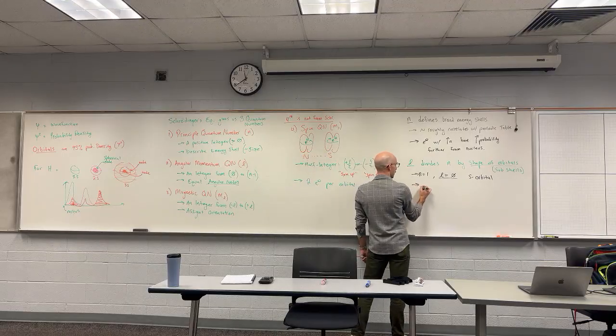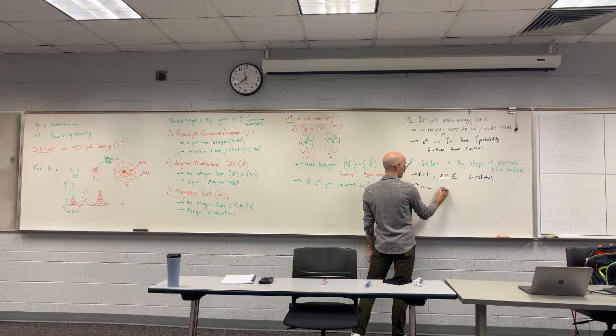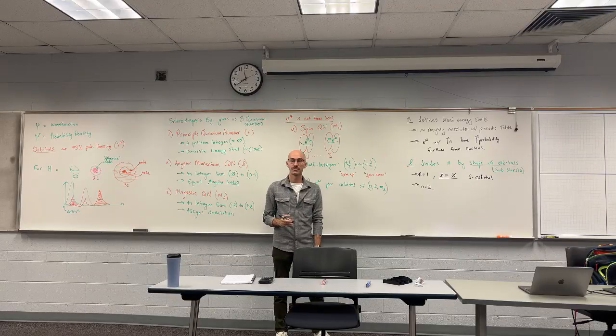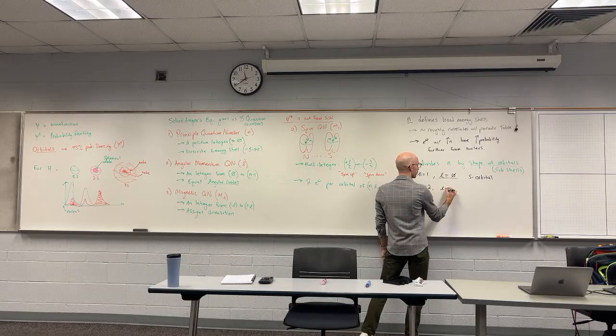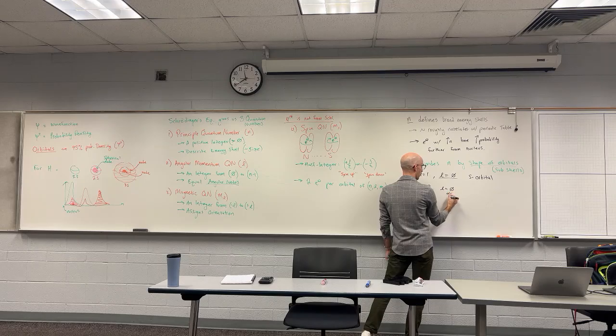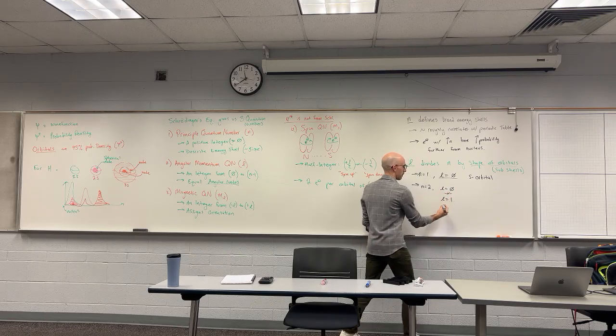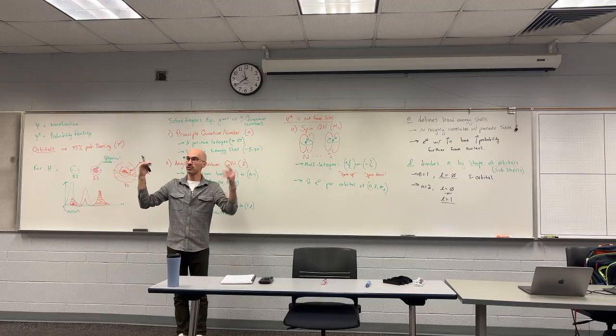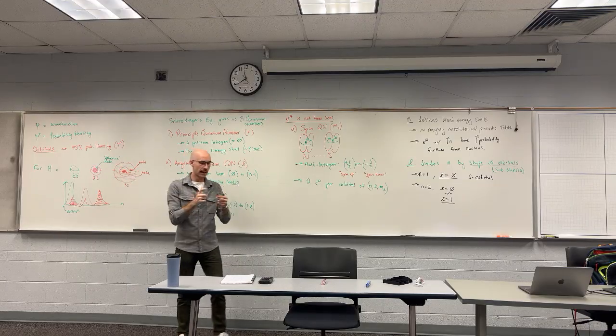Okay, you're right. If N equals 2, what am I allowed? L equals 0 or L equals 1. At the second energy shell, 2 orbitals are created.